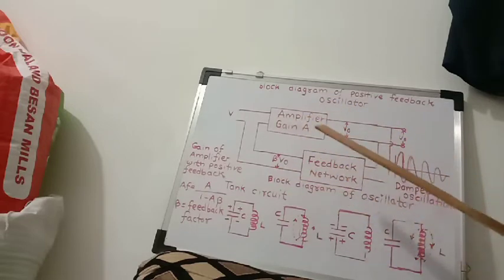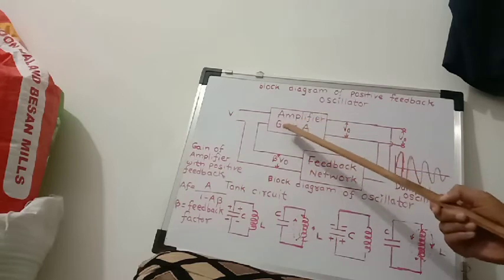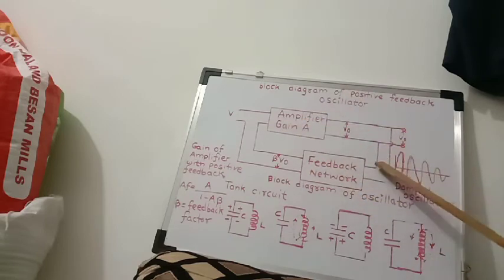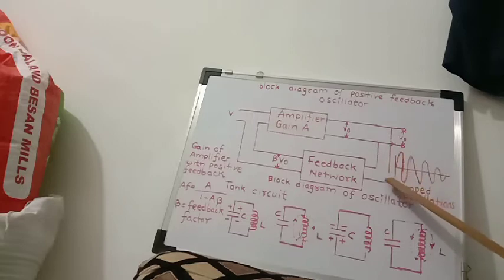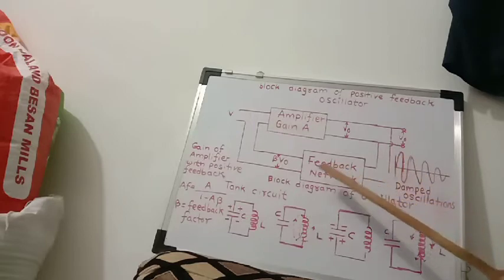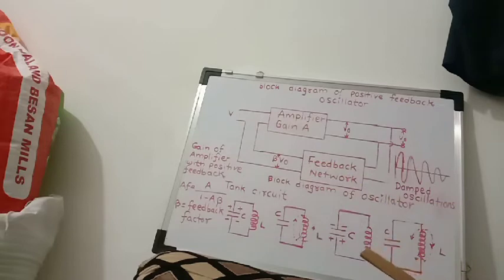Here we have an amplifier with gain A, and a fraction of the output is taken and fed back to the input of this amplifier through the feedback network. This feedback is normally positive feedback. Positive feedback is used in oscillator circuits. So this is the block diagram of a positive feedback oscillator.